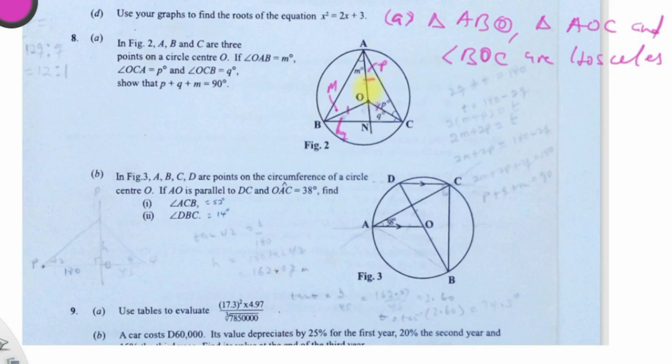So let's look at the bigger triangle. All the angles in this bigger triangle ABC will sum to 180 degrees.